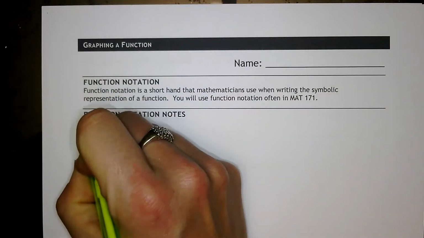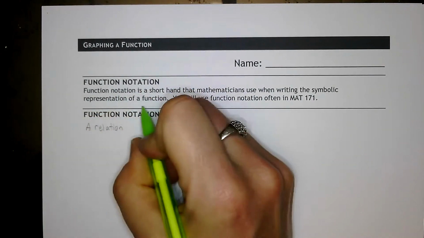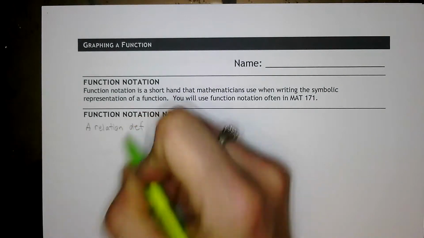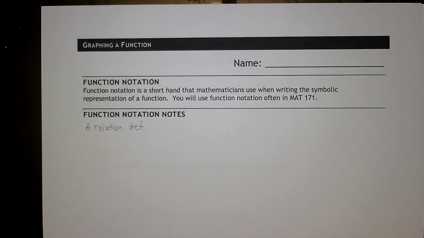So a relation defines the relationship between the x values or the input and the y values or the output of ordered pairs. So I'll write that out.